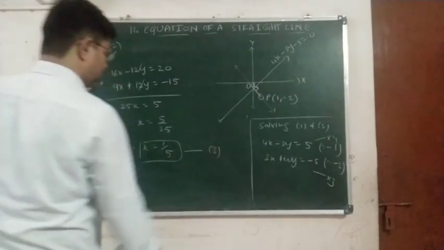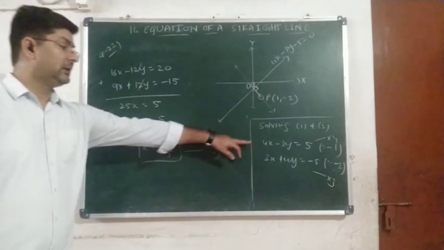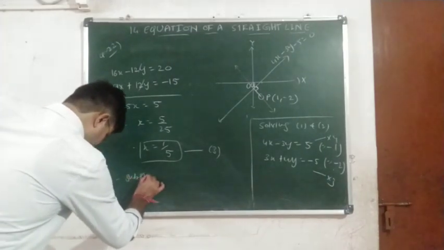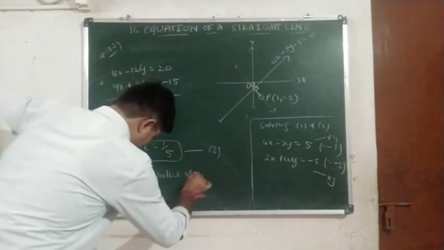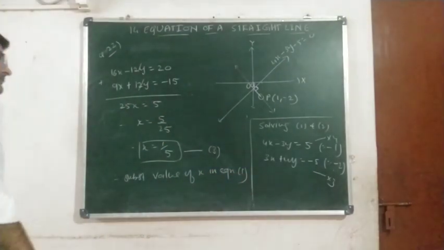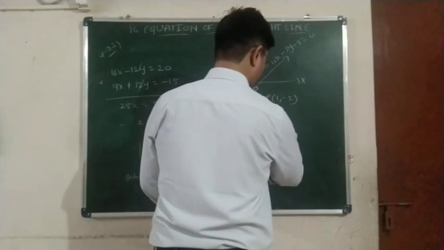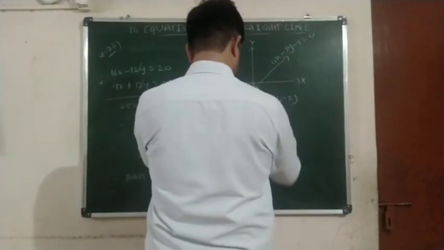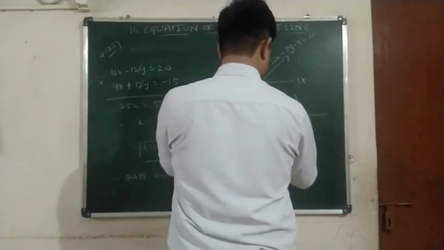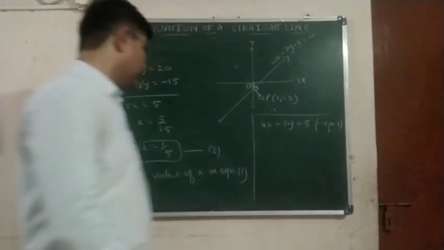We got the value of x. Now we can substitute this value in any one equation. Let us substitute the value of x in equation 1, which is 4x - 3y = 5.